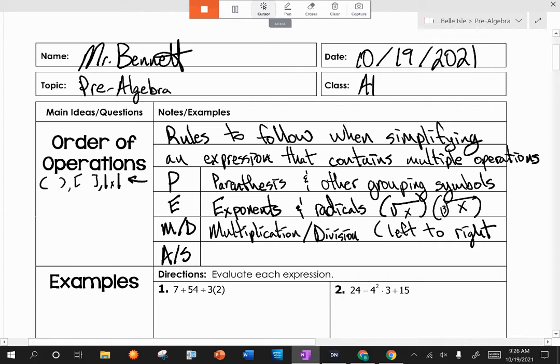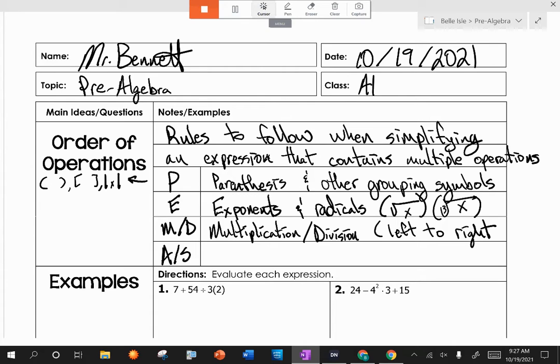When I was taught PEMDAS, it was all parentheses, then exponents, then multiplication, then division. Okay, until I got to high school, where high school math teachers were just like, that's not actually the case. So you do parentheses, then exponents, but then once you get to multiplication and division, you've got to do those left to right. Okay, so it's not multiplication comes first and then you do division.